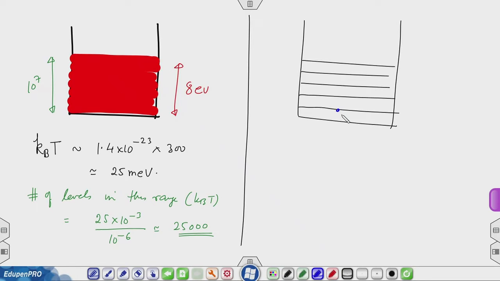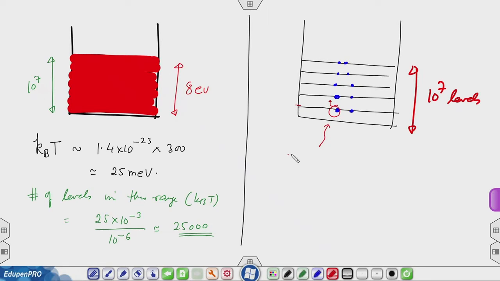Here are these electrons. Imagine this to be roughly 10 raised to 7 levels. So, this electron by thermal energy cannot really go anywhere, because 25,000 will be like a thin line out here.